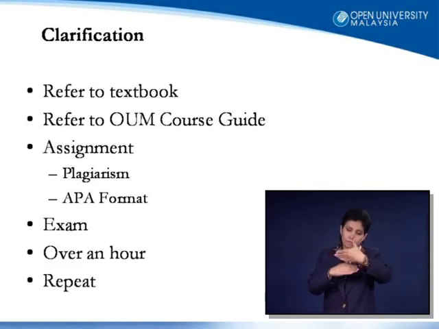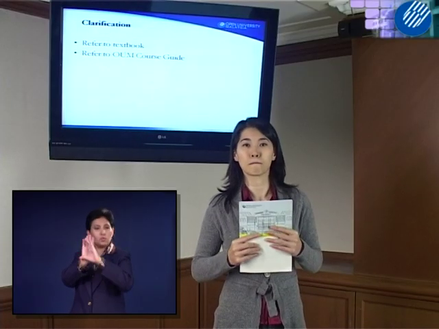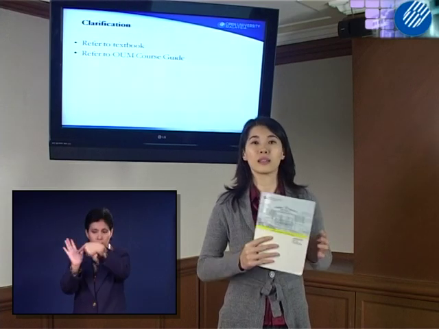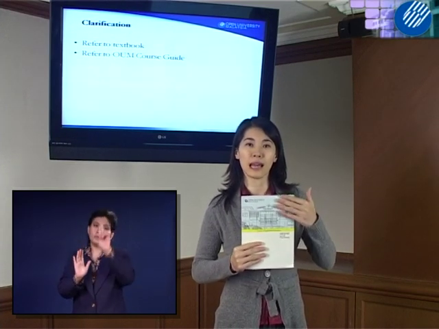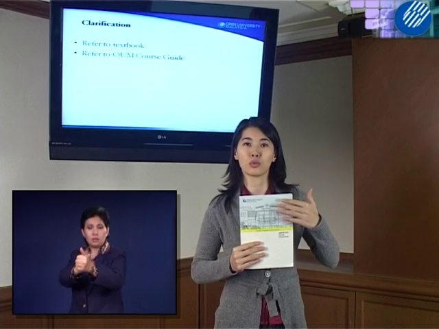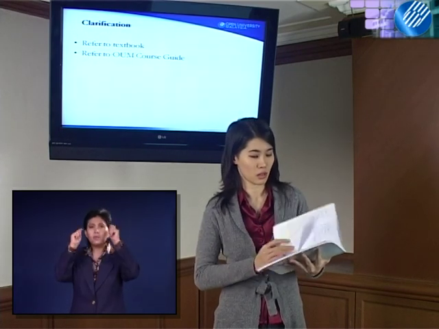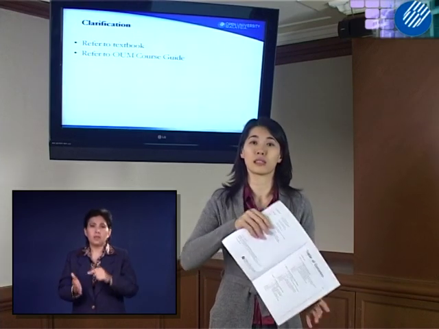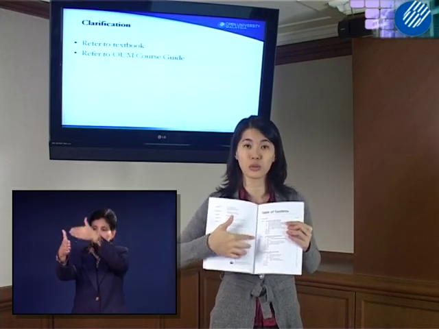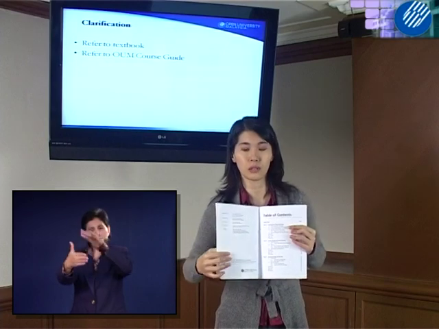You can also refer to the OUM course guide, which acts like guidance to what you're going to learn throughout the tutorial. This is the table of contents that we'll go through for the 5 tutorials.